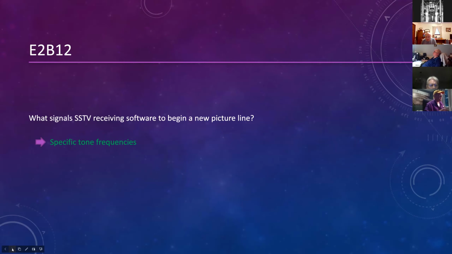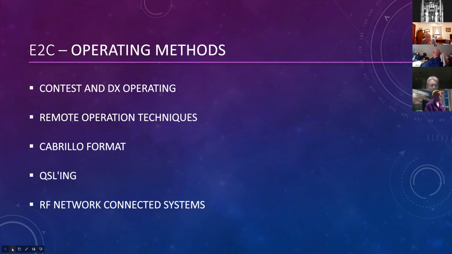Specific tone frequencies is the answer. There are two questions in what I'm covering tonight where one of the possible answers is tone frequencies. All right, so that ends subpart B.